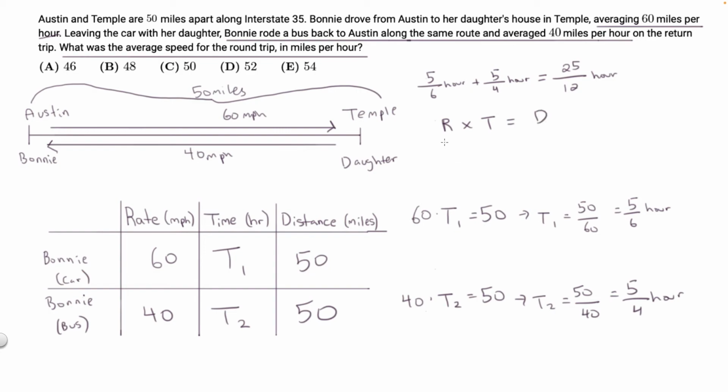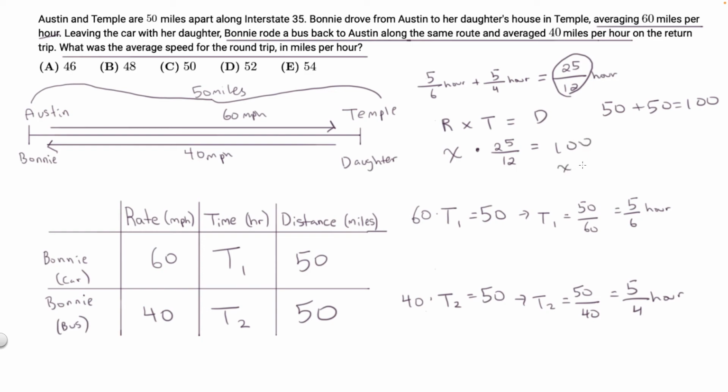The rate we're trying to find is x, the average speed for the round trip. So x times the time we found equals the distance, which is 50 times 2, since 50 miles was on the way there and 50 on the way back. So it's a total of 100 miles.